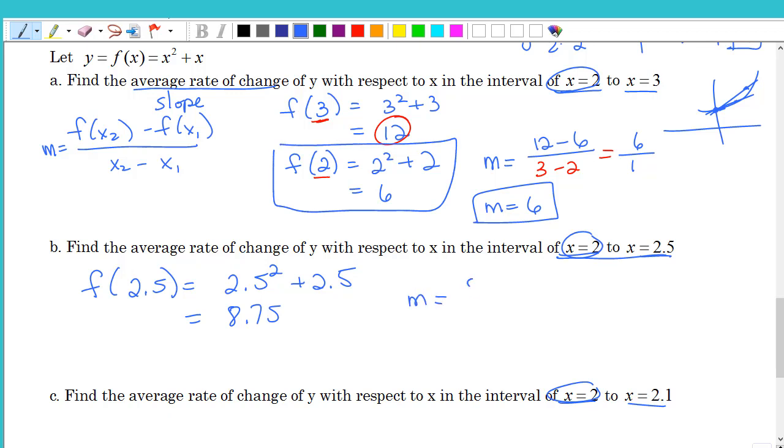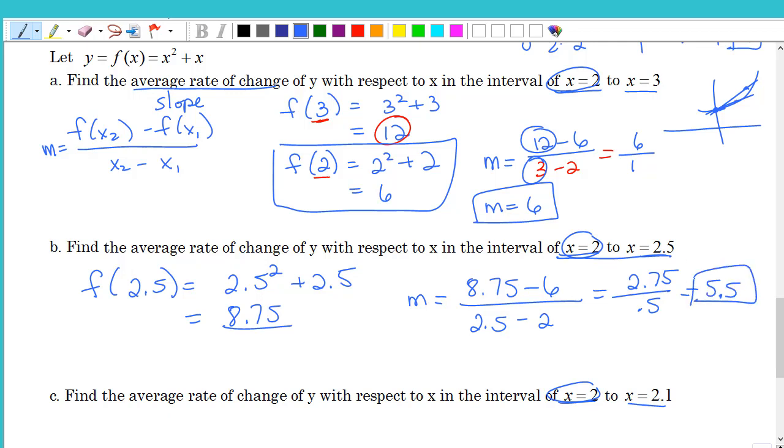So my slope is 8.75 minus 6. I'm just replacing this with 8.75, and on the bottom, I'm replacing the 3 with the 2.5. So this is 2.75 divided by 0.5. Using my calculator, I get 5.5. So that slope has gone from 6 to 5.5, so it's changed just a little bit.